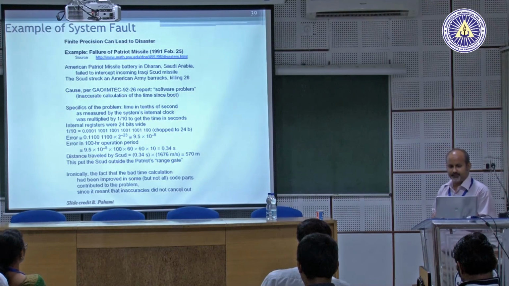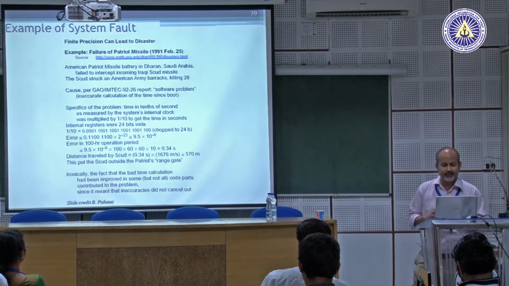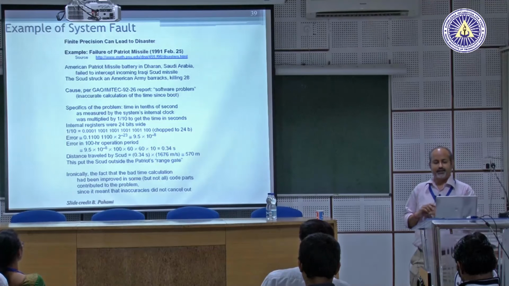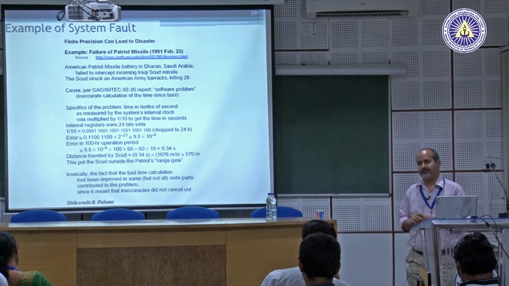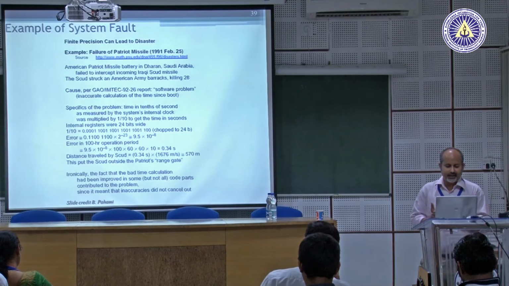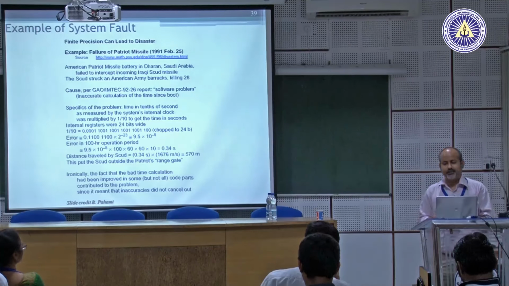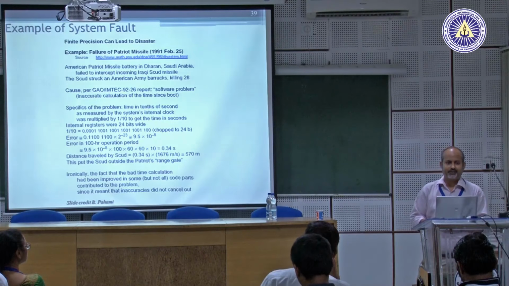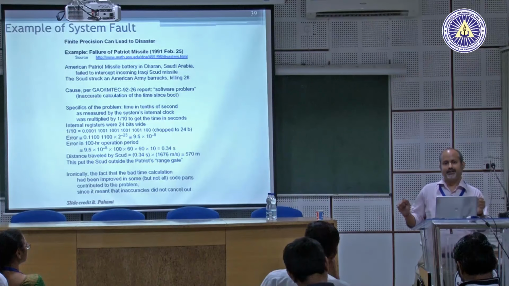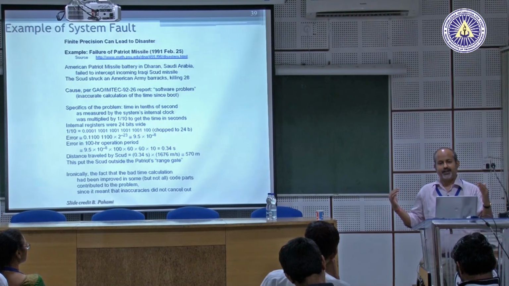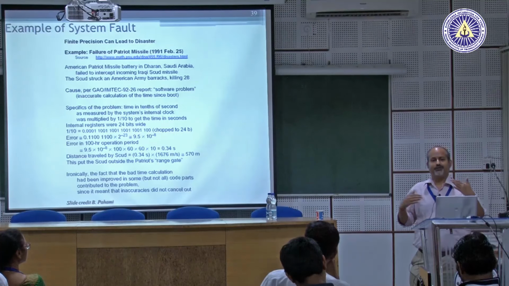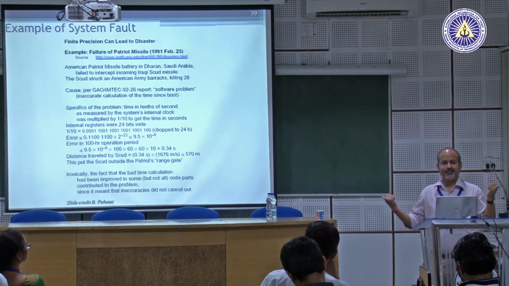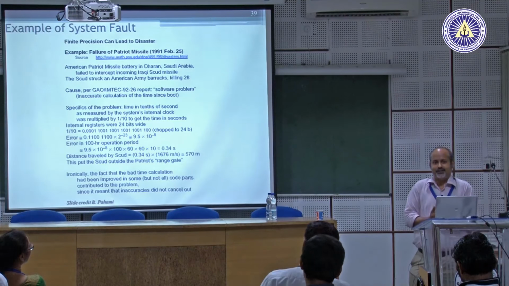So this is a very well cited example of a malfunction of the software in an embedded system. Here is an example of a failure of a Patriot missile during the first Gulf War. This was due to a precision problem in the computation, and this precision error accumulated so that the interception of a Scud missile by the Patriot was about 500 centimeters away, which was not supposed to happen.